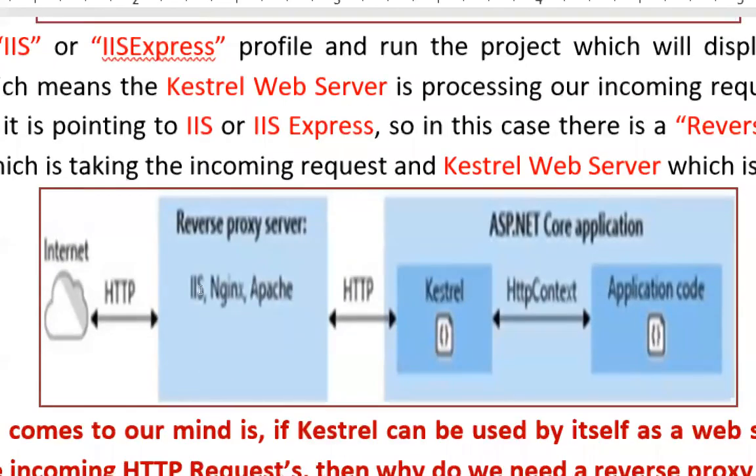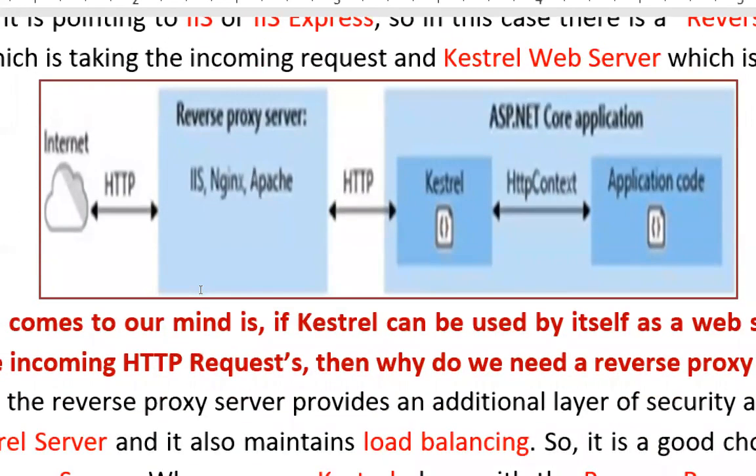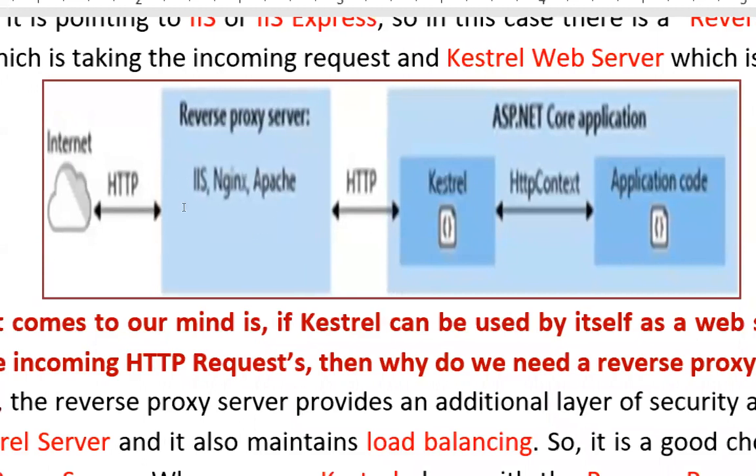And now, the other one is out of process hosting. Here we have a reverse proxy server, which can be IIS or Nginx or Apache, any of these. And this is a Kestrel under which your application is executing. The request comes to the reverse proxy. From the reverse proxy, it will go to Kestrel, and Kestrel will process and send the response to the reverse proxy, which is going to send the response.